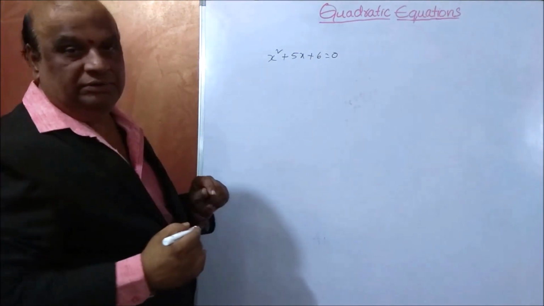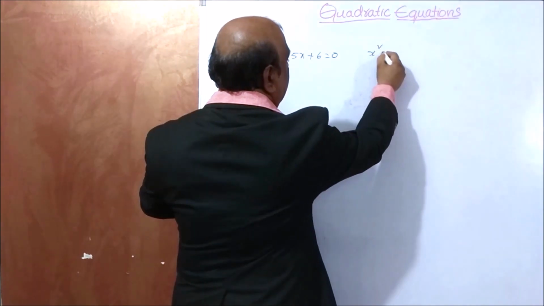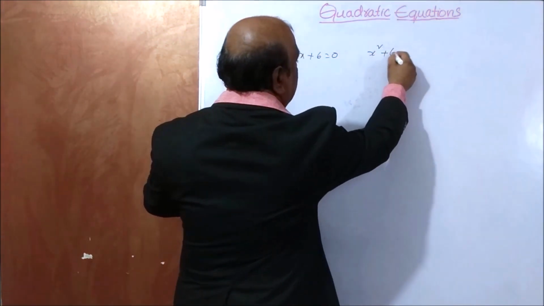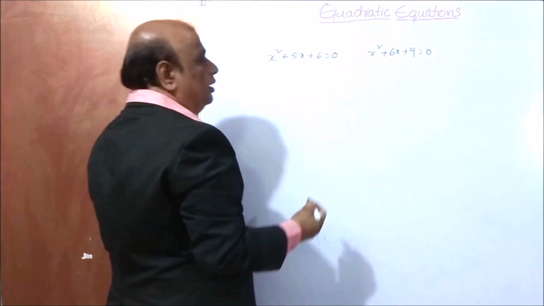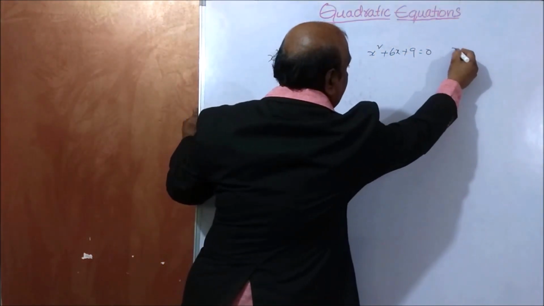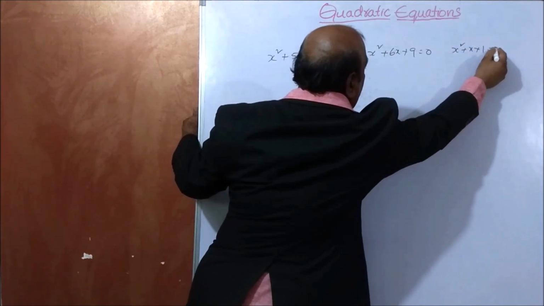This is one equation. And one more is x square plus 6x plus 9 is equal to 0. And one more is x square plus x plus 1 is equal to 0.